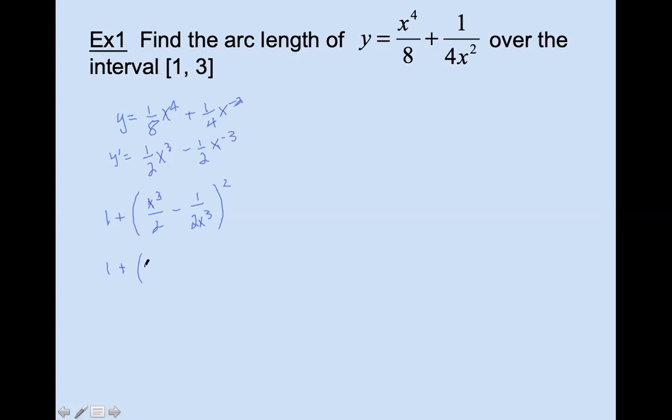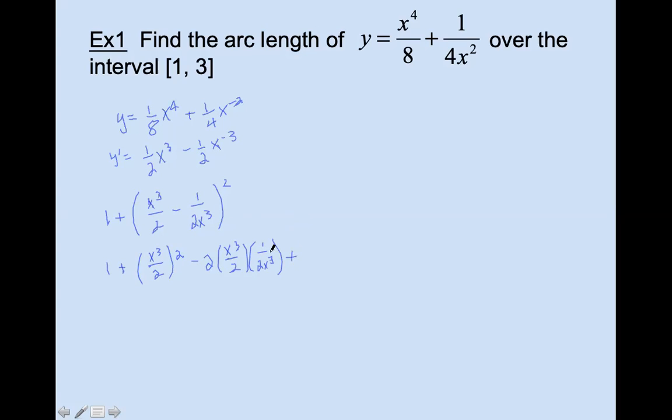So this turns into x cubed over 2 squared. Okay, and then we have the product of these two terms, and we have 2 of those, so minus 2 times x cubed over 2 times 1 over 2x cubed, plus we're going to have this last term squared.